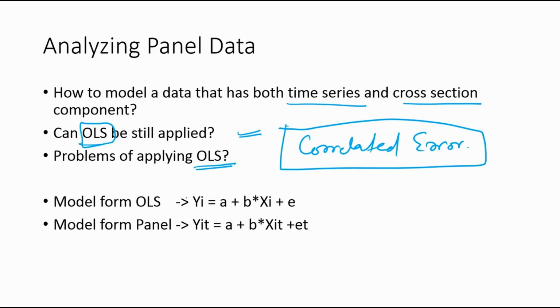A typical OLS model looks something like this: yi is equal to the estimate a plus b xi plus error term. Whereas a model for panel data looks like this: yit.